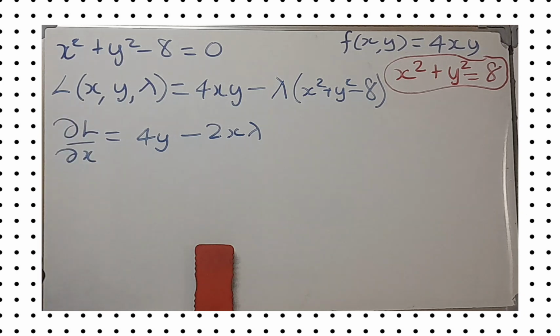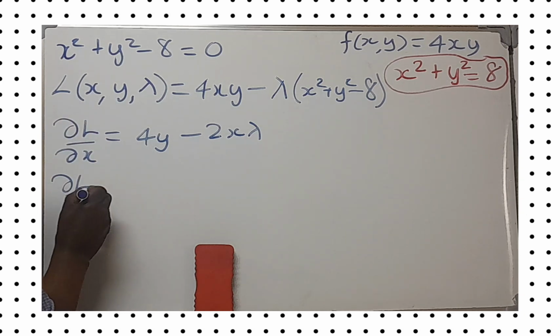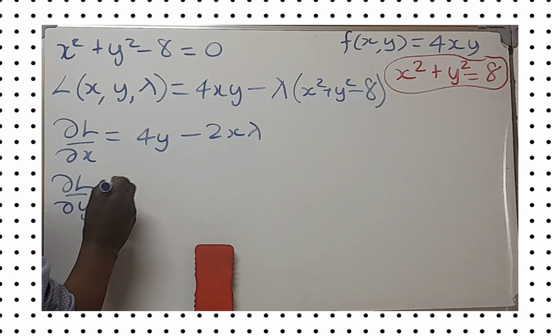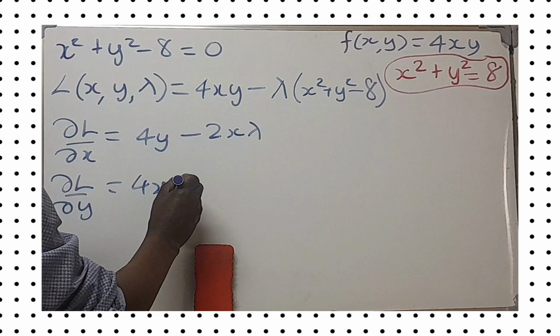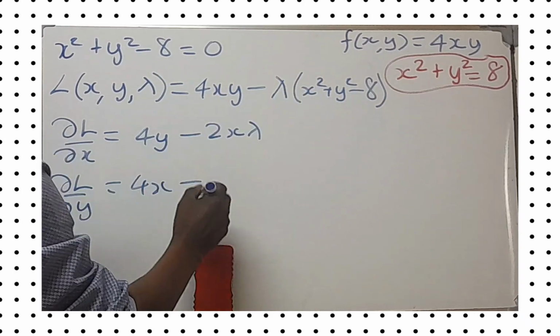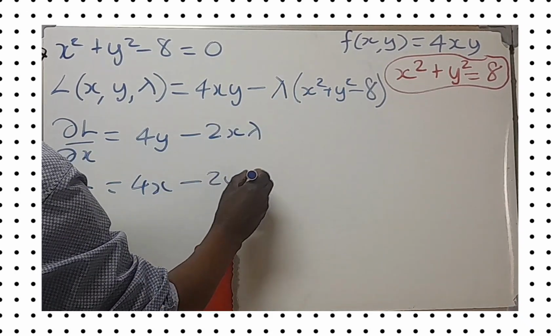Differentiate with respect to y, we get partial L, partial y is equal to, here it gives us 4x minus, here it gives us a 2y lambda.